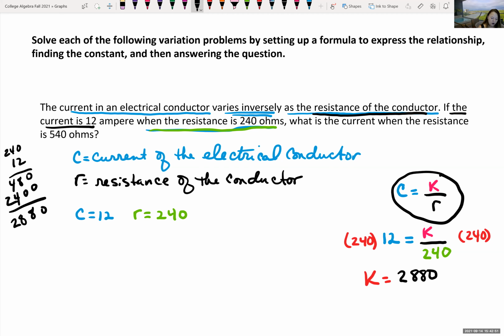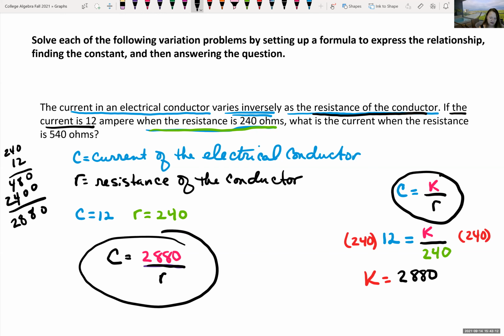Okay, so we now know our equation and we can answer our question. So our equation that we'll be using is C is equal to our K value, 2,880, all divided by R. And now we can answer the question, which says, what is the current when the resistance is 540 ohms?